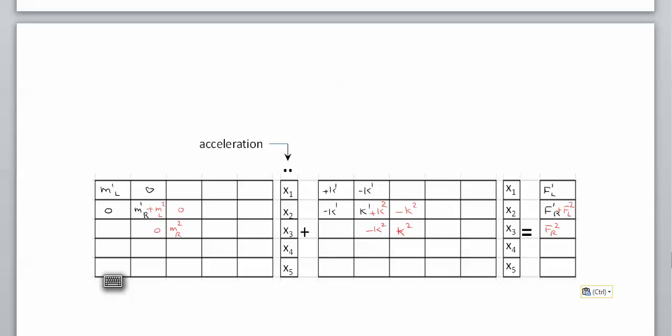How about maybe green, and assemble. So there's going to be plus ML from 3, 0, 0, MR from element number 3, plus K3, minus K3, minus K3, K3, plus FL from 3, FR from 3.